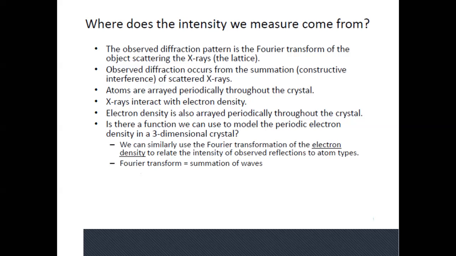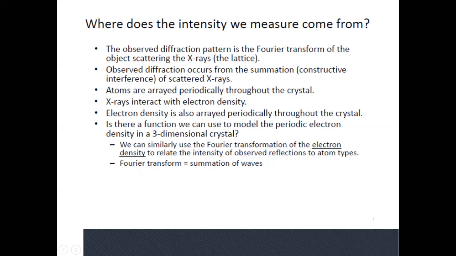So again, it's a Fourier transformation of the HKL intensities. Whenever we talk about observed reflections, we're talking about HKL intensities, and we do a Fourier transform to get the electron density. Once we know the electron density, we can determine the atom types.